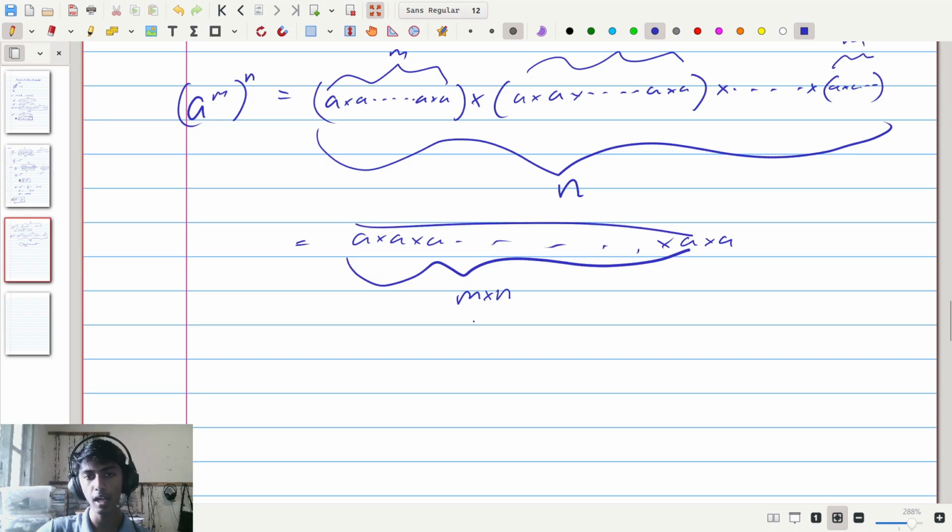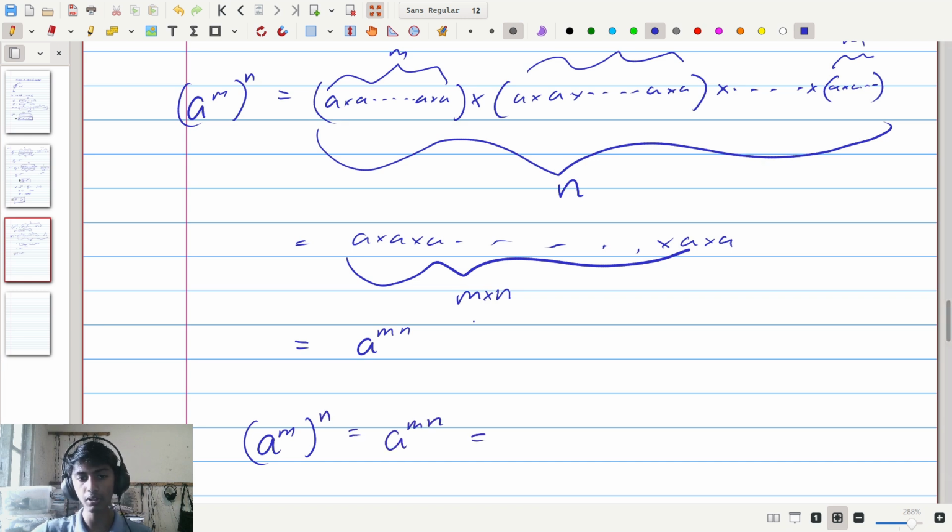When we have a certain number of a's multiplied by themselves over and over again, we can write this in exponential form or indexed form. So here what we have is actually a to the this number. So we have a to the mn. And thus we can conclude that a to the m to the power of n is equal to a to the mn. This is of course equal to a to the n to the power of m.